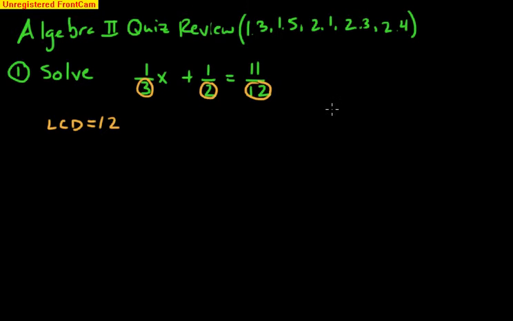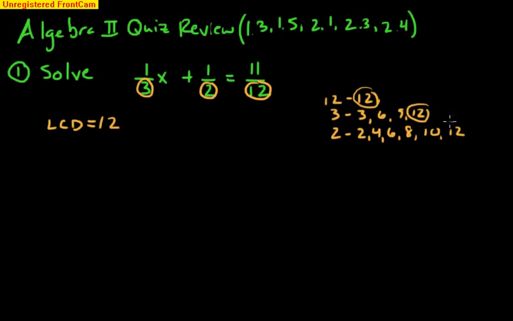On the side, if you want to show it, 3 is 3, 6, 9, 12. 2 is 2, 4, 6, 8, 10, 12, and of course 12 is 12, and you don't have to go any farther because there's the LCD, 12. So we're going to take this entire equation and multiply all 3 parts by 12.